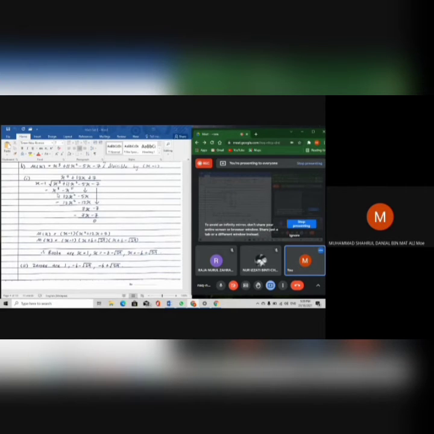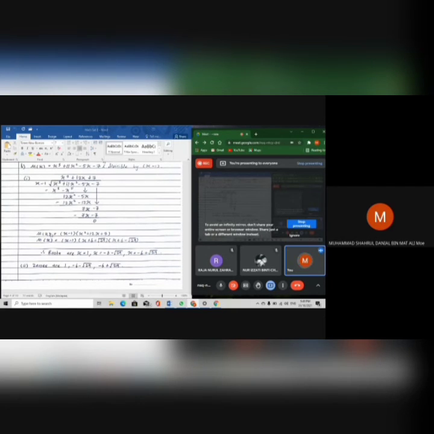We divide x cubed plus 11x squared minus 5x minus 7 by x minus 1, and we will get the final answer x squared plus 12x plus 7, and the remainder will be 0.